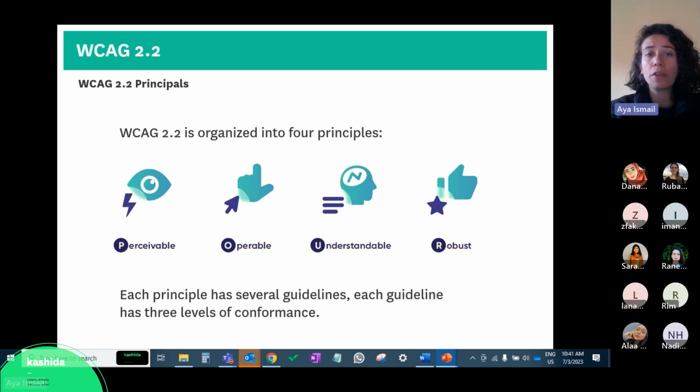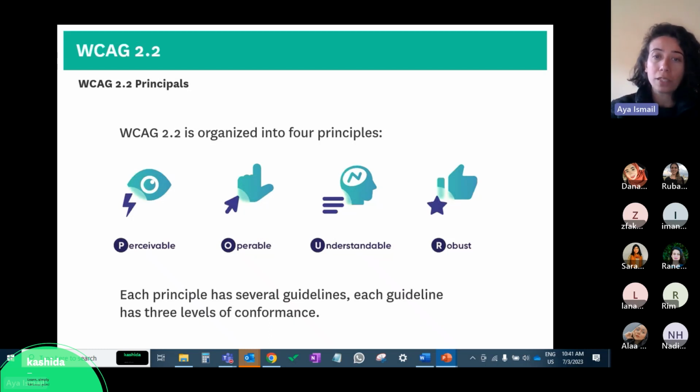Information also needs to be operable, meaning that anybody should be able to navigate through the information and content. So if I cannot use a mouse, I should be able to use a keyboard. If I'm not using a keyboard, I should be able to use voice commands. So there needs to be availability of different navigation options.